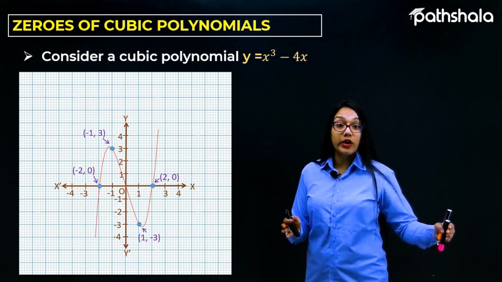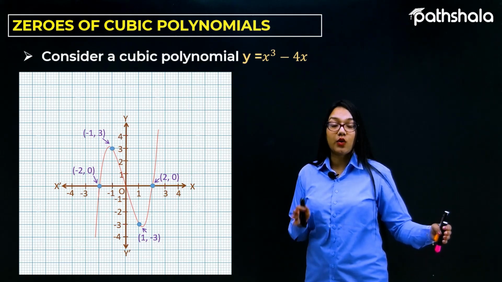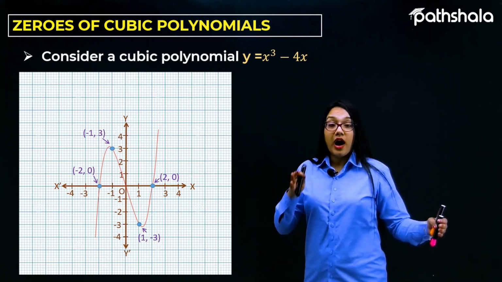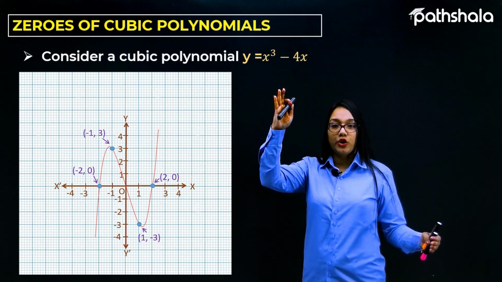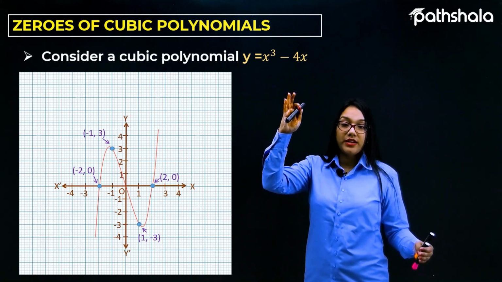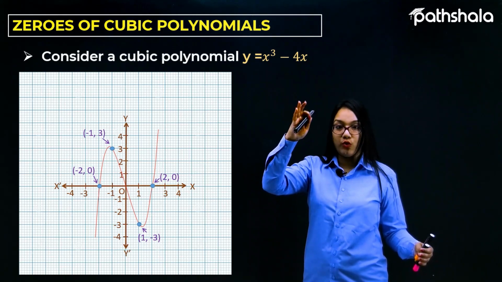So the x-coordinates of all these points are actually nothing but the zeros of this particular cubic polynomial, that is y is equal to x cube minus 4x.